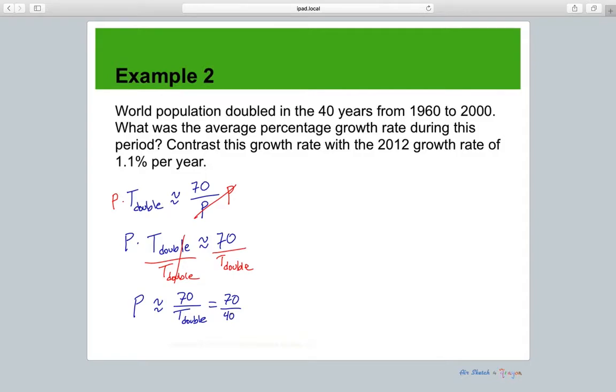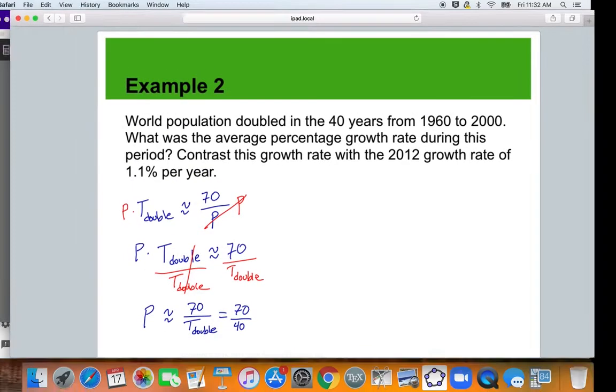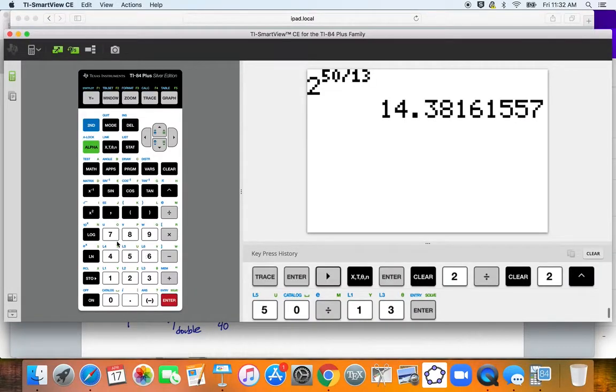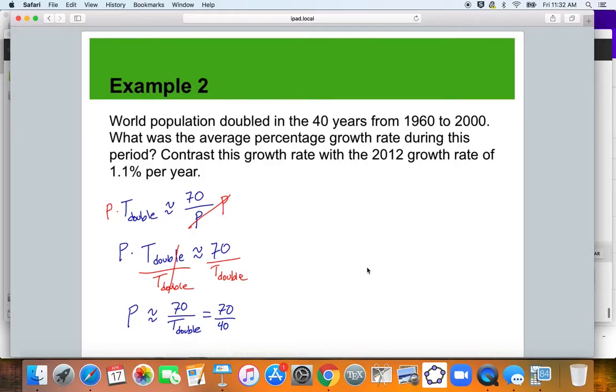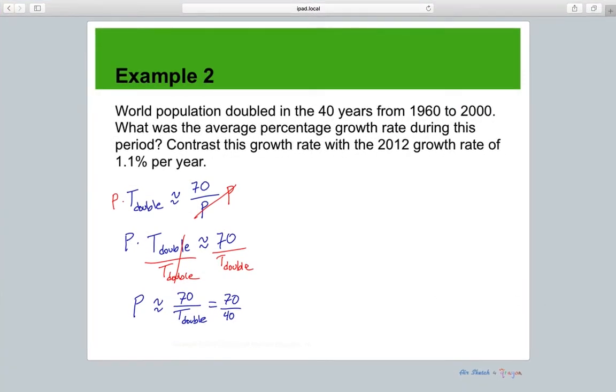All right, and so what is that? 70 over 40 is 1.75. So that just tells us that the average growth rate over those 40 years is about 1.75%.